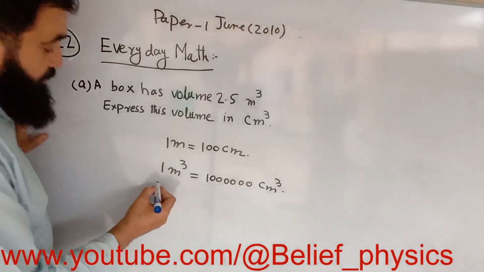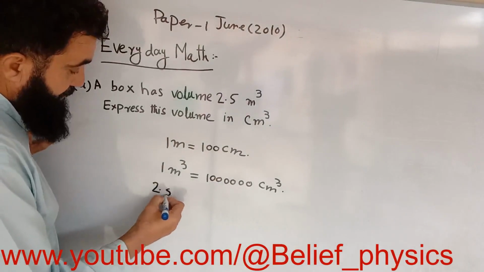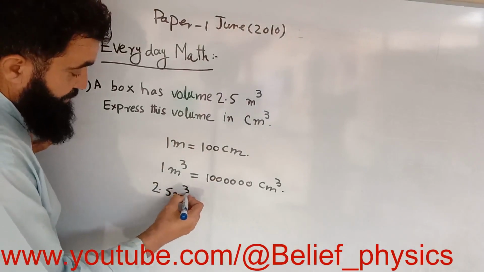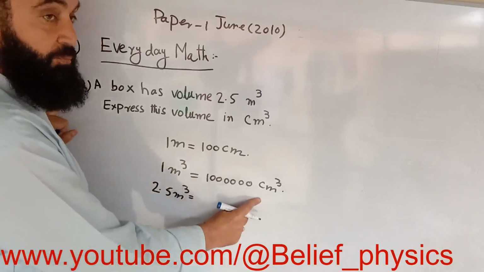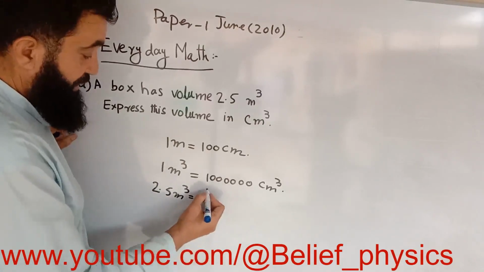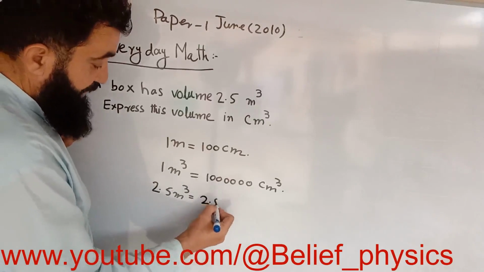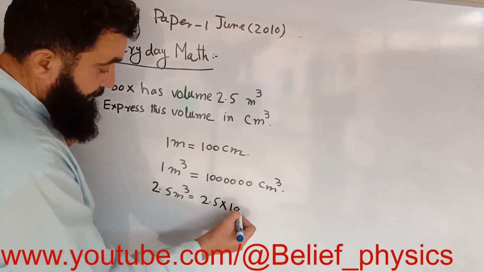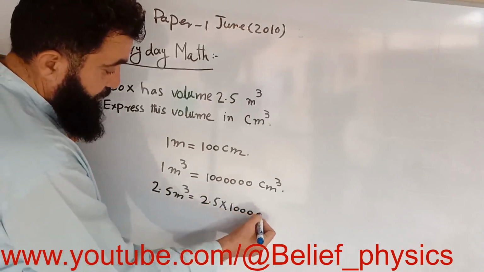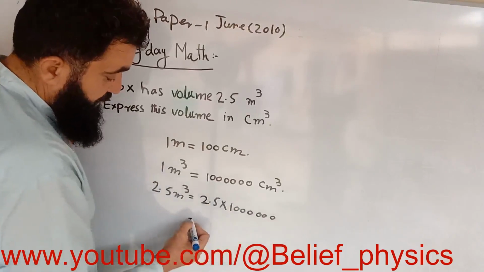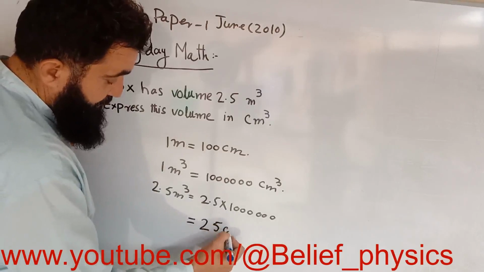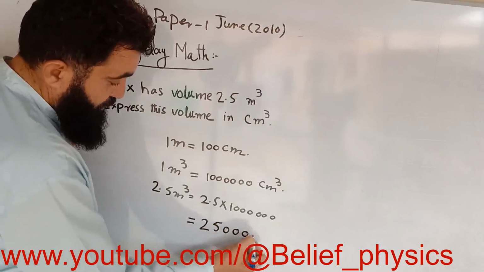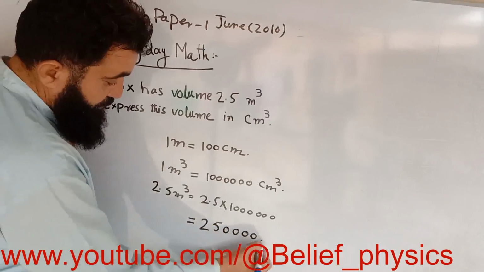So 2.5 meter cube will be equal to, when you go from a bigger unit to a smaller unit, you multiply. You have to multiply 2.5 times 1,000,000. So this will be equal to 2, 5, 0, 0, 0, 0, 0.